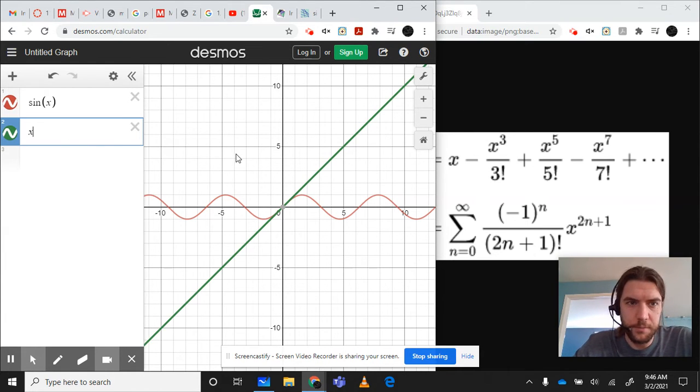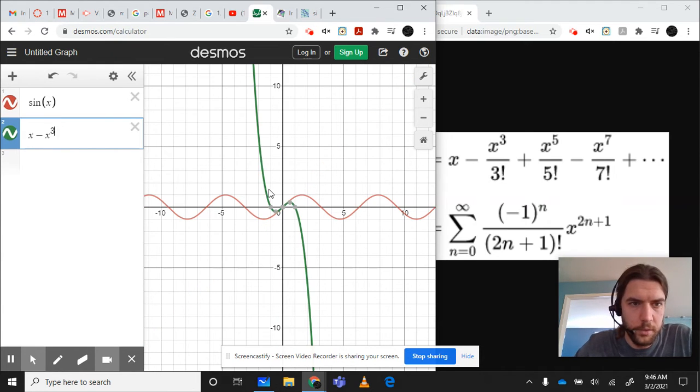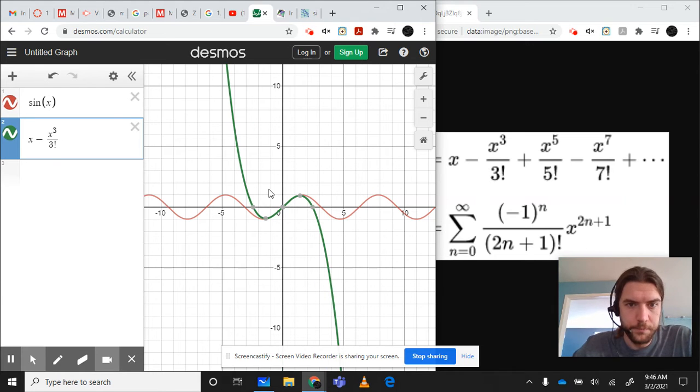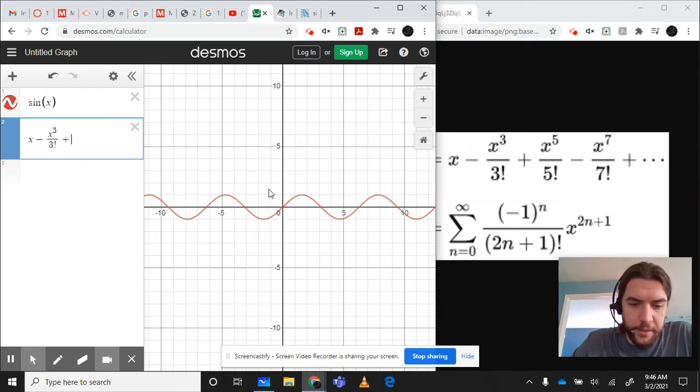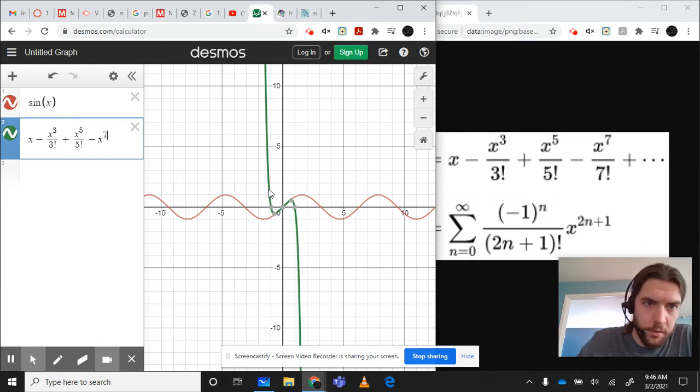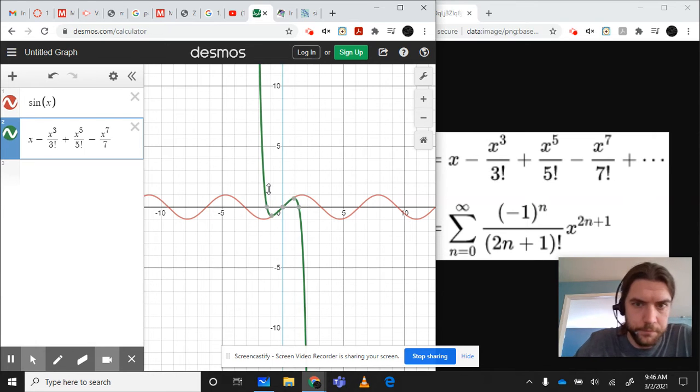We have x, and then we say minus x cubed over 3 factorial. And then we do plus x to the 5th over 5 factorial minus x to the 7th over 7 factorial.